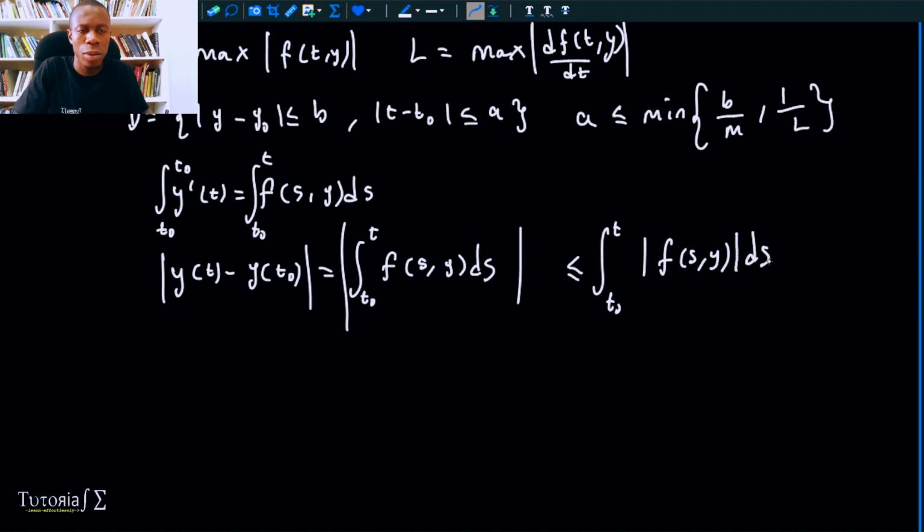Like that. So having that in mind, we know that this is bounded by a constant M, and we can factor it out.